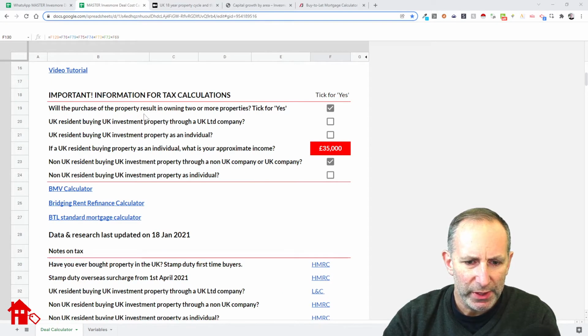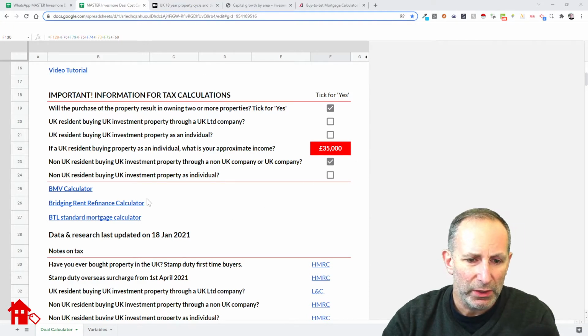And I have variables here for tax. The reason I wanted to understand that is because you should know where you're at. How much money do you actually get out of a property if you factor in tax? Now, tax is very labyrinthine, and once you get deep into the weeds it gets really complicated, so I've just taken it at a relatively high level.